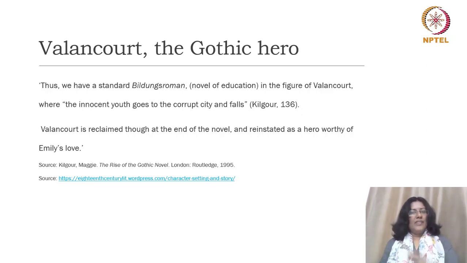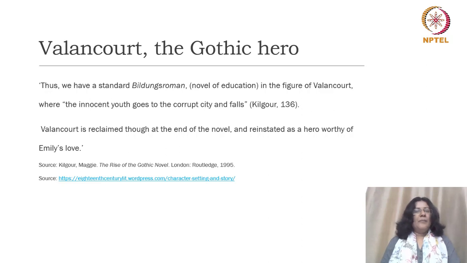So, quite close to that. In the novel, through the figure of Valancourt, we see the innocent youth being corrupted by the city, and he becomes morally fallen, apparently, and then how his recovery is coincident with his reunion with Emily St. Aubert.